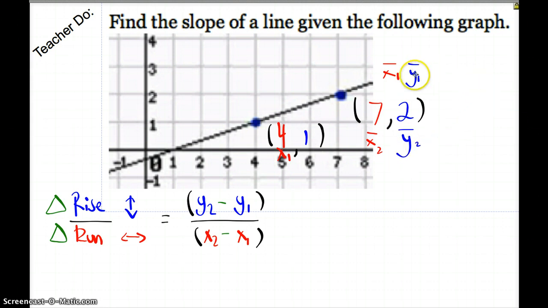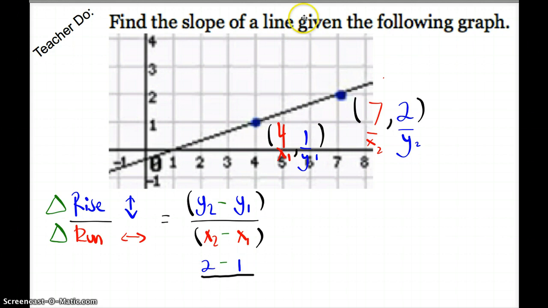I have my x1, which I already wrote down, and the y1. Let's get rid of this one. Okay. Now I can again substitute them into the right place. y2, which is 2, and then the y1, which is 1, and then we'll have that minus sign in between.